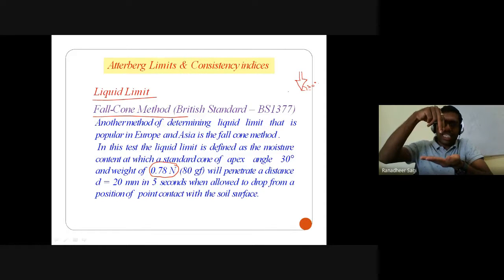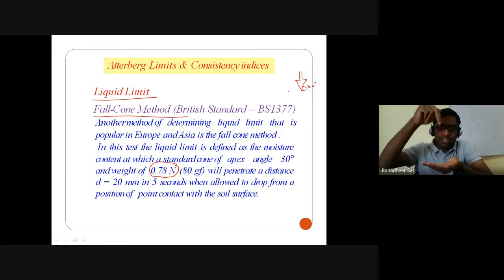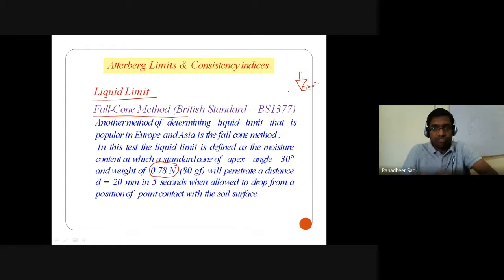If the cone penetrates by a depth of 20 mm within a duration of 5 seconds because of its self weight, then the corresponding water content existing in that soil is what we call the liquid limit value of that particular soil.